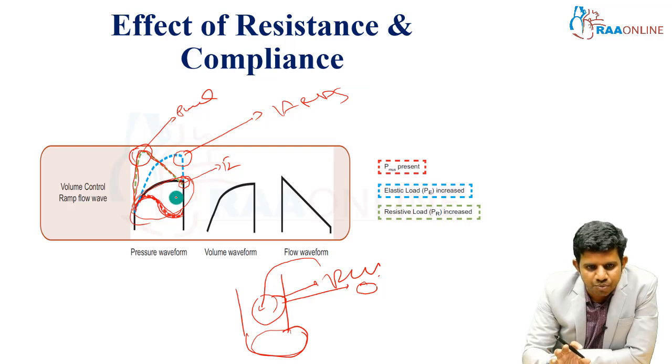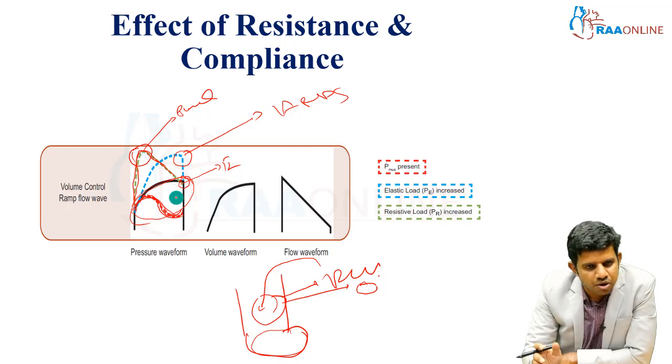When the patient is taking spontaneous breaths, if you see changes in the pressure time scalar, we cannot predict resistive load or elastic load. One thing is very clear: you should not look for the stress index in volume control mode if the patient is on a descending ramp flow. The stress index you can only see in volume control, with no spontaneous effort, with a square flow waveform.